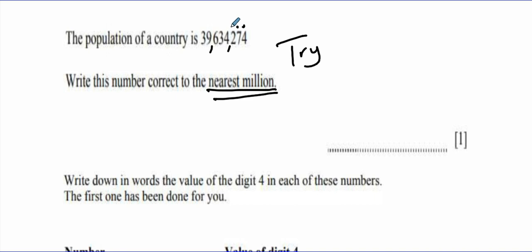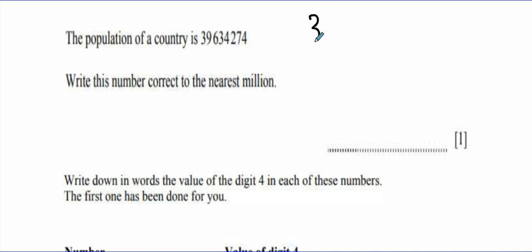Ones, tens, hundreds, thousands, 10,000s, 100,000s, then millions. Check on your right, there is a 6, so you'll be adding one there. Well, let me do this question. Seems to be tricky.